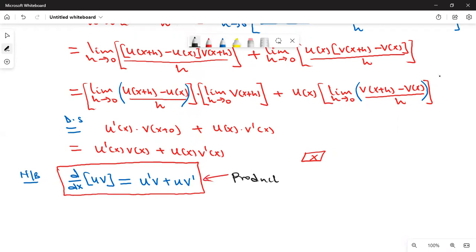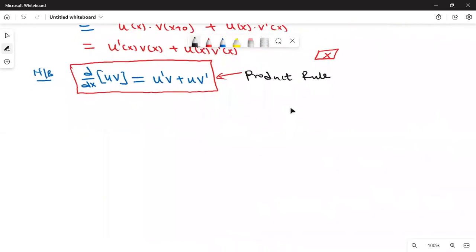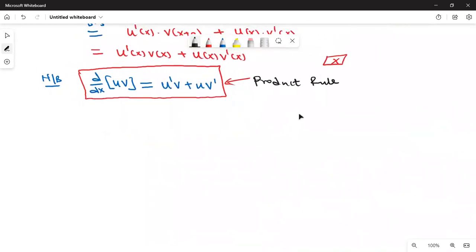Product rule. Now, I want to give you some examples on how to apply the product rule of differentiation. In this case, let's look at this example. You write examples.